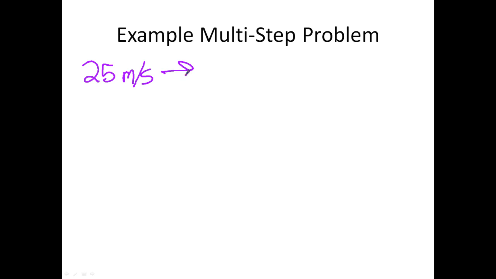So let's say I want to convert this into miles per hour. You read the problem, you identify the given quantity as being 25 meters per second and the desired being miles per hour. Here's my given. Here's my desired.